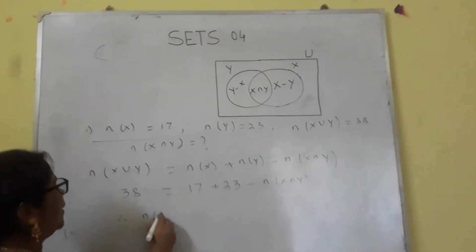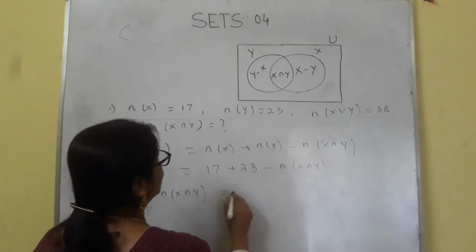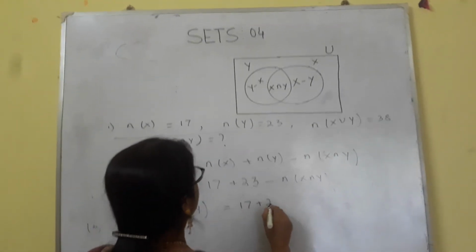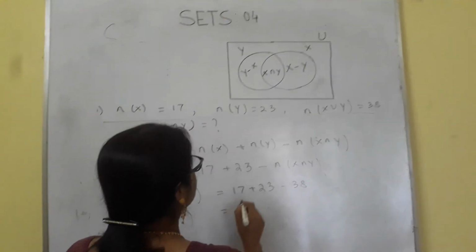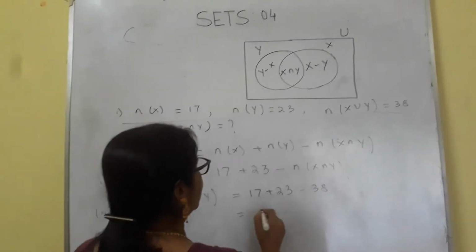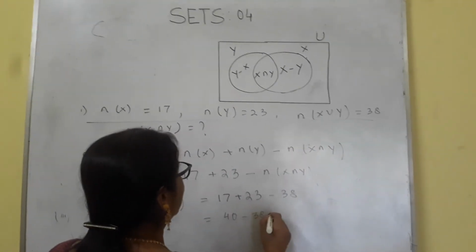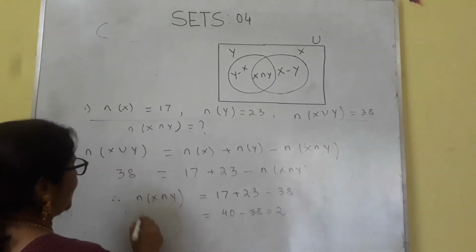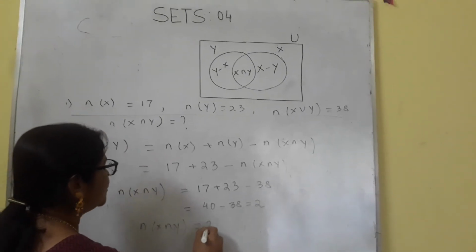Therefore, n(X intersection Y) equals 17 plus 23 minus 38. 17 plus 23 gives you 40, minus 38, that is 2. So n(X intersection Y) equals 2.